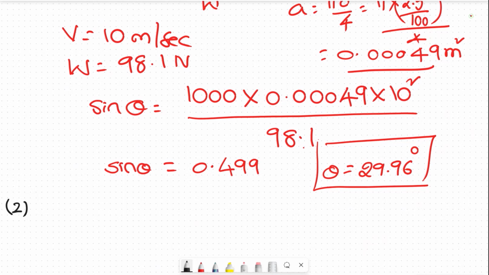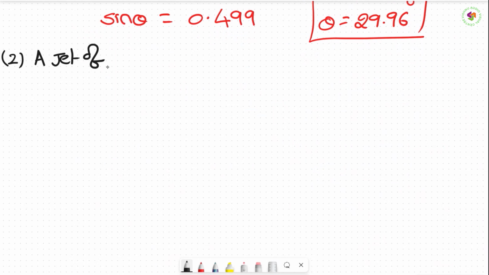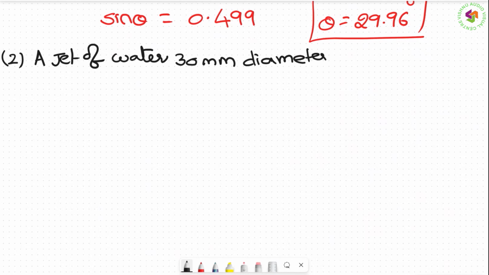Let us go to the second problem. A jet of water of 30 diameter. The moment you have seen it, you should be able to calculate the area. 30 diameter strikes a hinged square plate.